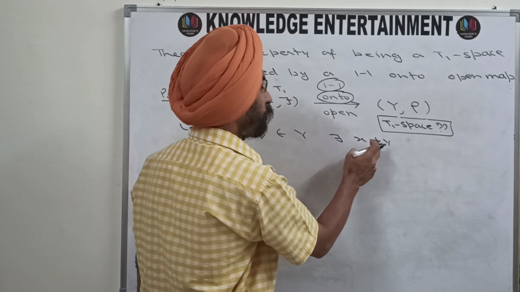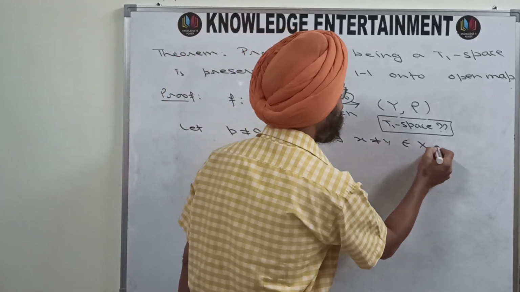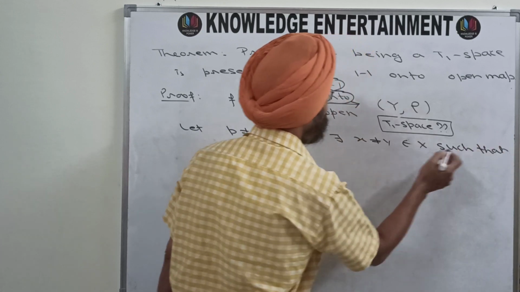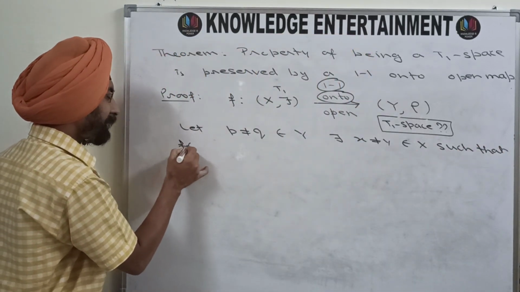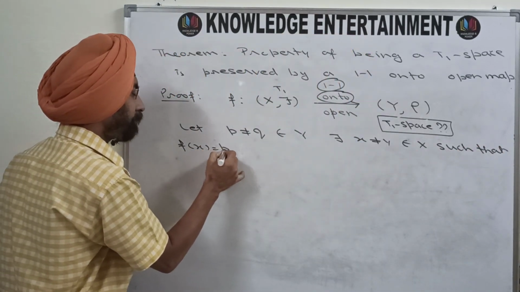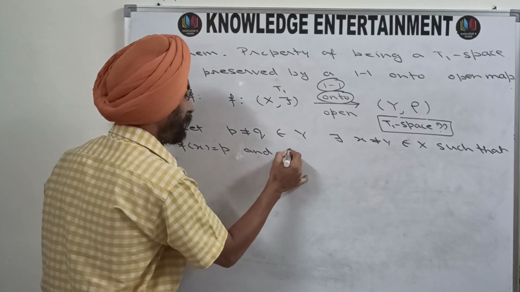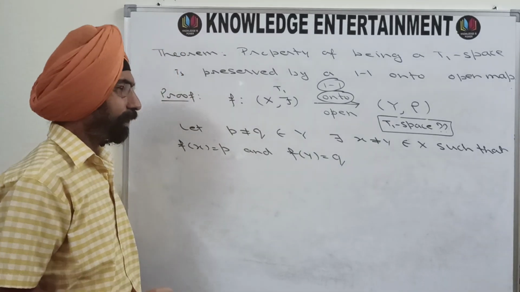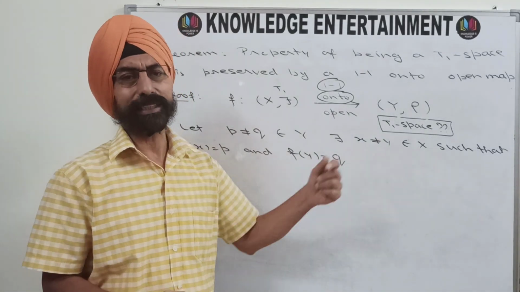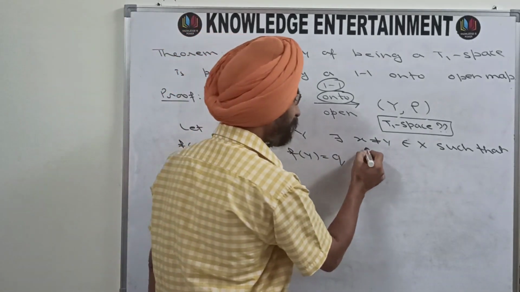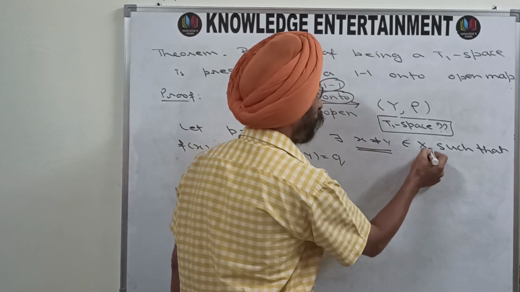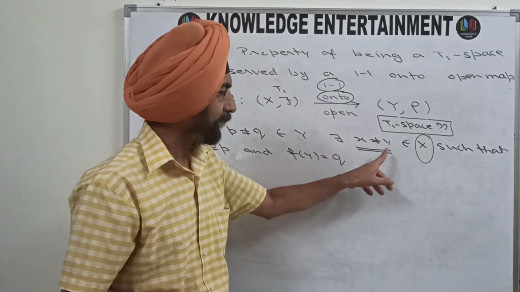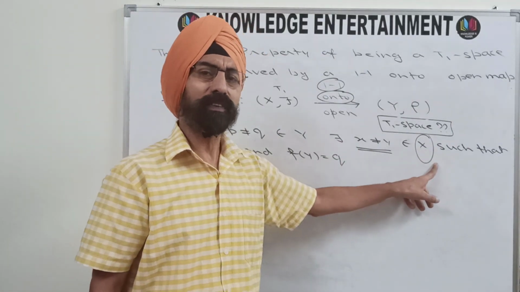So there will be X not equal to Y in X such that image of X will be P and image of Y will be Q. Now X and Y are distinct elements of X.